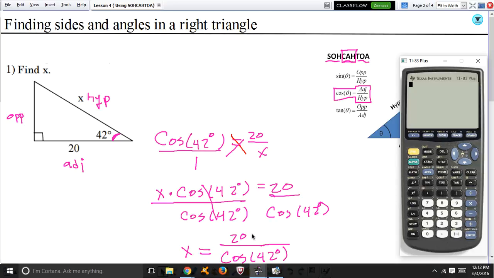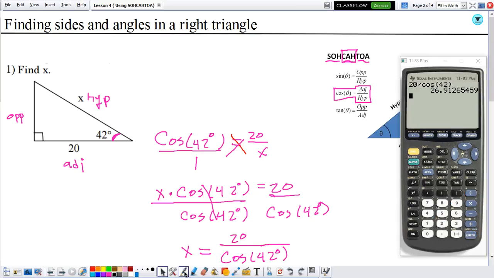And let's put the expression that we want to find the value of: 20 divided by cosine of 42. So we're going to have 20. We're going to divide that by the cosine of 42. We press enter. So that means that x is equal to 26.91.